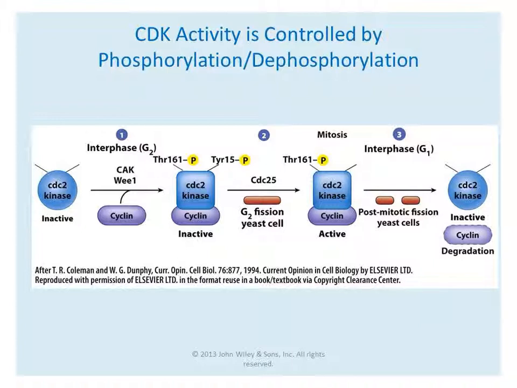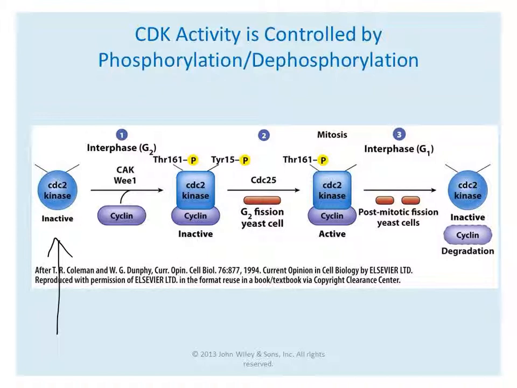This diagram shows the key events that lead to activation of these CDK cyclin complexes, which are important for allowing a cell to go from G1 into S at the G1 checkpoint, or from G2 into M at the G2 checkpoint. So the activity of these complexes is critical for progression through the cell cycle. This was shown by many different mutant studies looking at yeast.